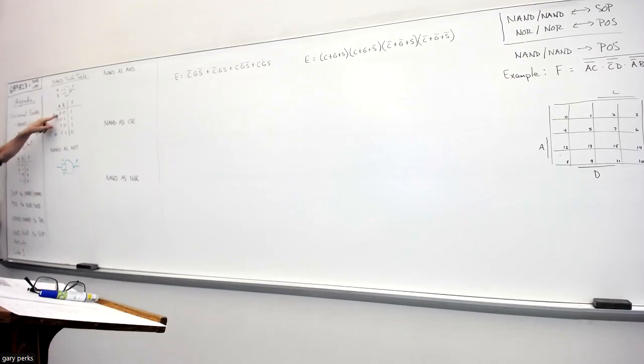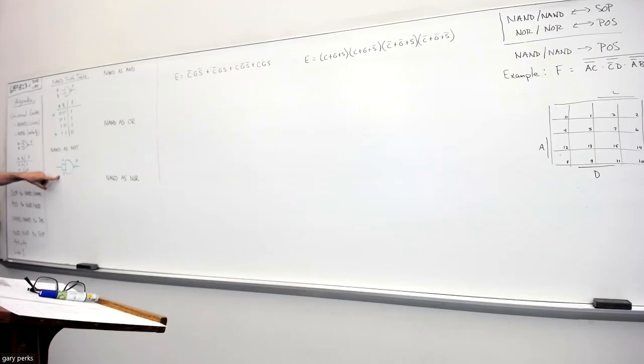So look at the top row. If both inputs are 0, you get a 1 out. If both inputs are 1, you get a 0 out. That's exactly what an inverter does. Okay? So you see, one way to get a NAND gate to act like a NOT gate, an inverter, is just connect the inputs together. Okay, so does anyone have a question about this? Is everybody good with this?